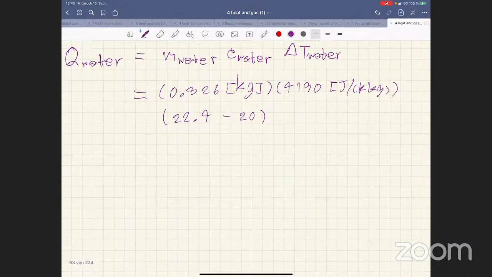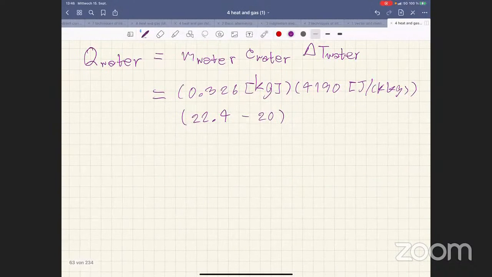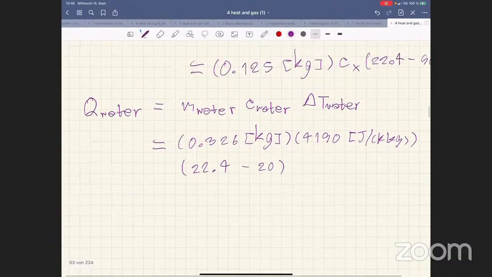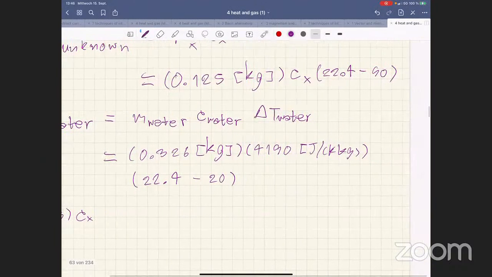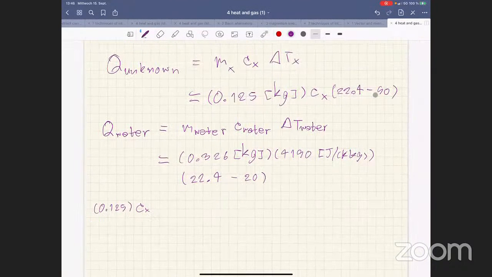And yeah, we leave everything here in this term, and the first term is unknown, 0.125 and Cx, and yeah, we have to find the difference of these, 22.4 minus 90, which is minus 67.6, right?